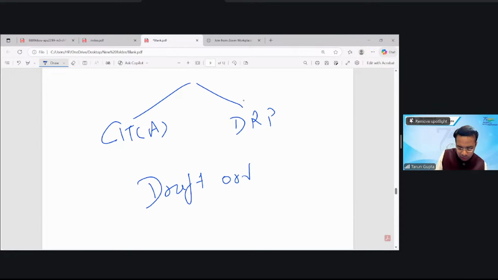Is it mandatory for the AO to pass a draft order? Absolutely, sir. If you are an eligible assessee and the AO passes a final order, then that order is void. For an eligible assessee, the AO cannot take away the right from the assessee to go to the DRP. So he has to pass a draft order.